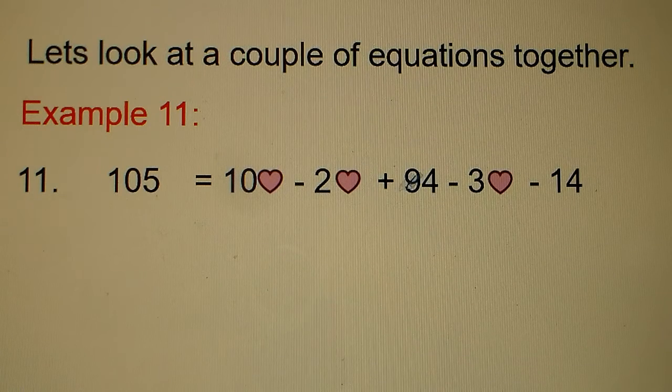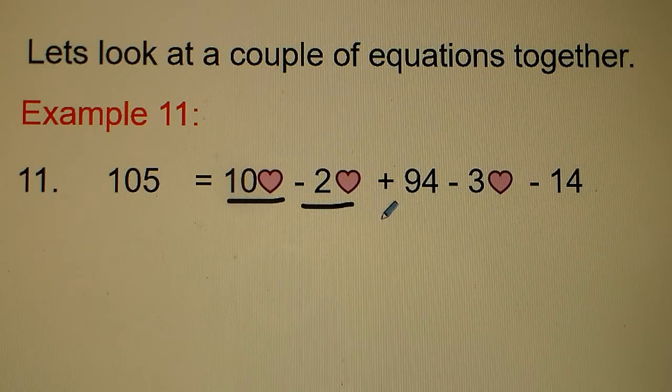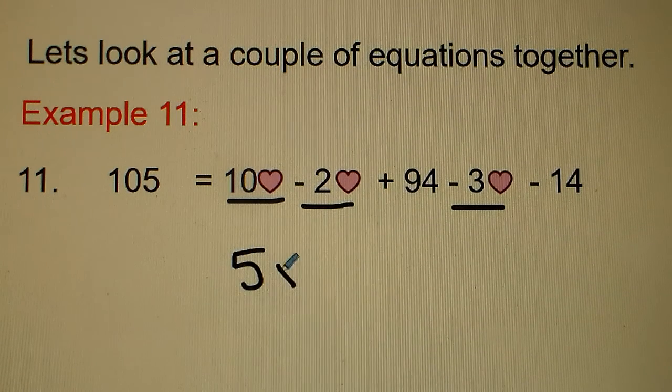Now, number 11. Even with hearts or different symbols, it's still the same story. 10 hearts minus 2 hearts gets you 8 hearts. 8 hearts minus 3 hearts gets us 5 hearts. So we got 5 hearts. 94 minus 14 gets us 80, so we plus 80.